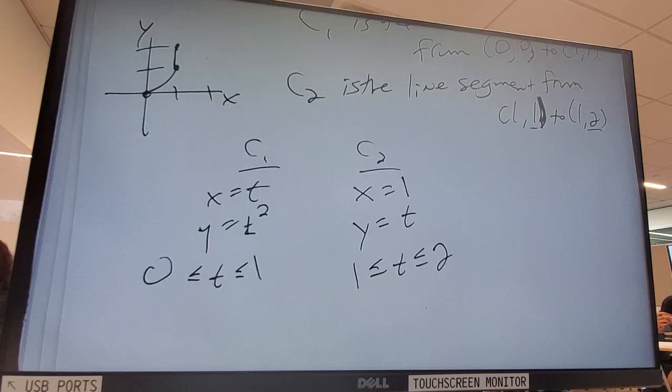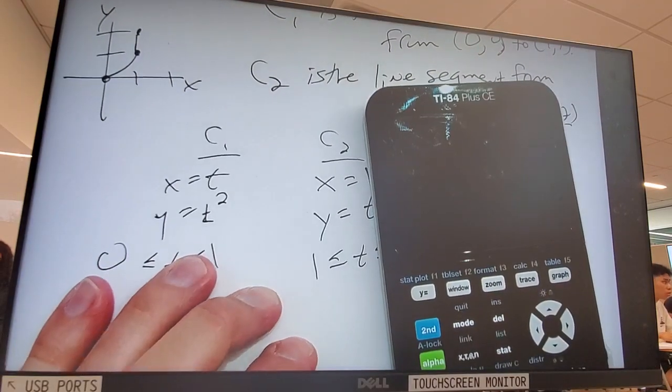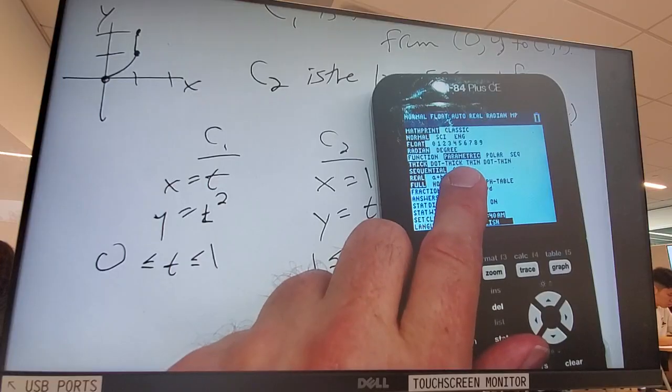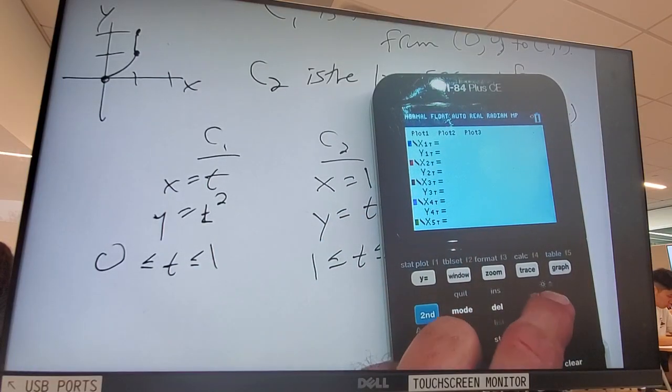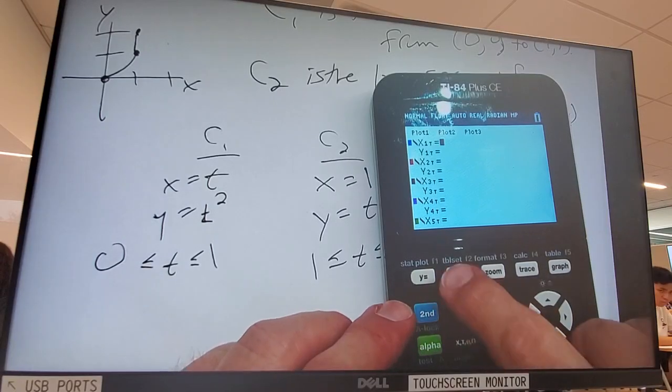Really quickly, just because I just thought of this, suffer with me for a minute, sorry. Let's see if this works the way I want it to. So this is in parametric mode, yes? If I go to y equals and put in here, I forget how to do that in this calculator.